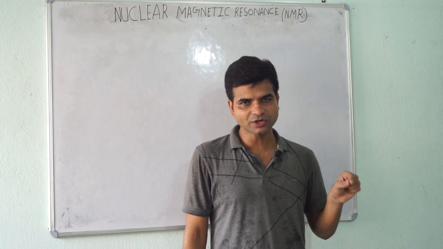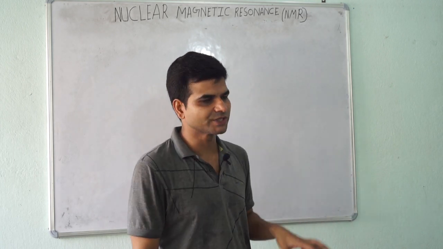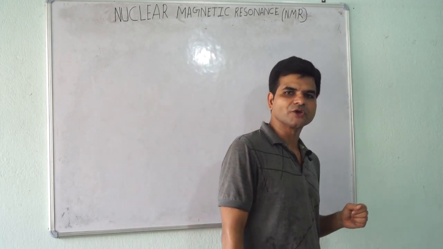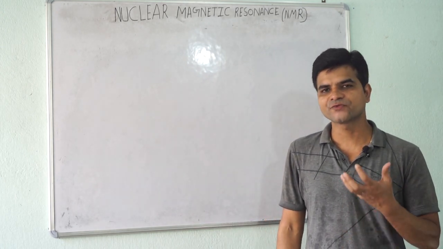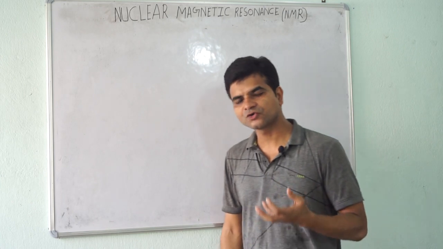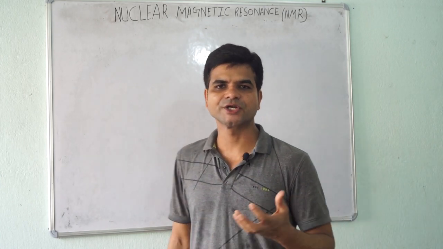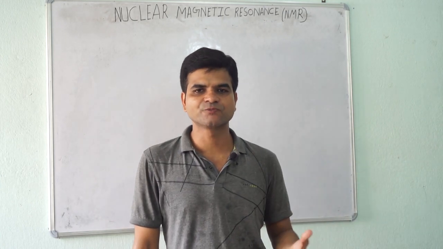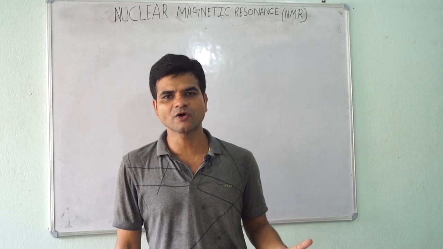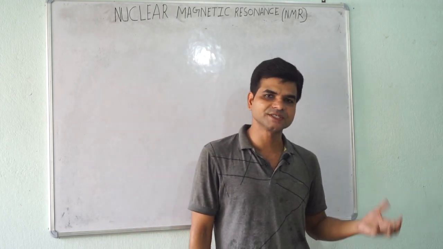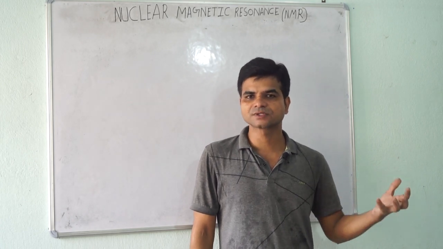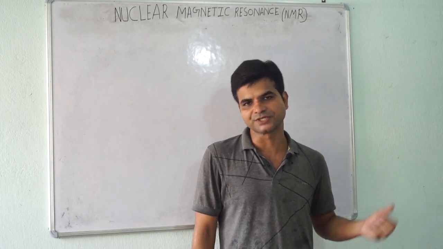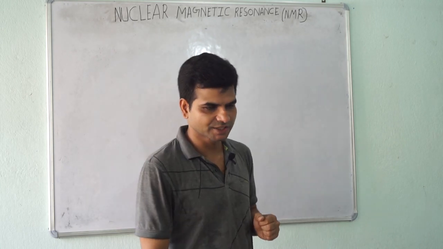Therefore, in order to bring all hydrogen atoms into beta spin, we provide energy in the form of radio wave frequency. Due to this, all hydrogen atoms come into beta spin. It was the second step of NMR.